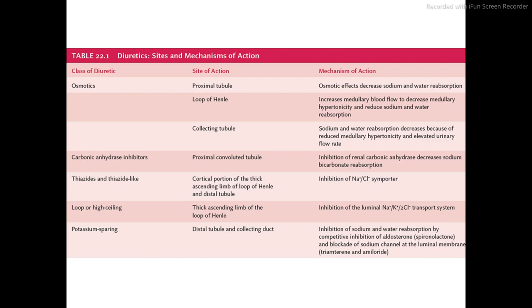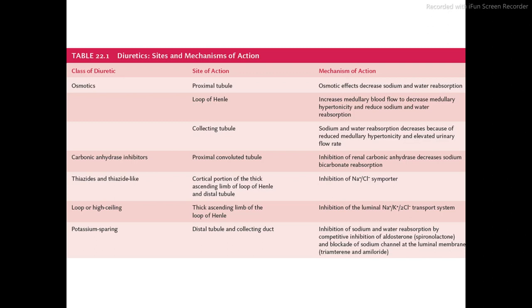And what do we want? We want to excrete this sodium and chloride ion. But the carbonic acid donates the hydrogen ion and accepts the sodium ion. That is the exchange program. So we have to inhibit this carbonic anhydrase enzyme. If we inhibit it, then the carbonic acid is not formed.